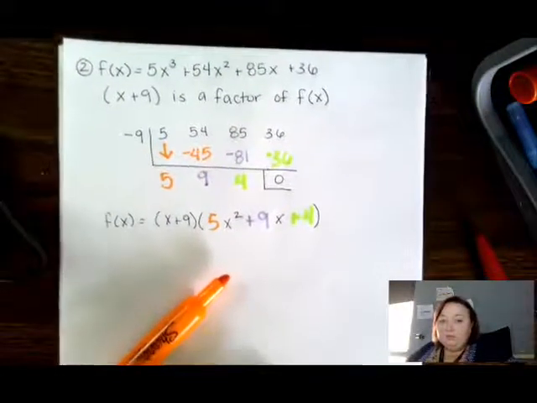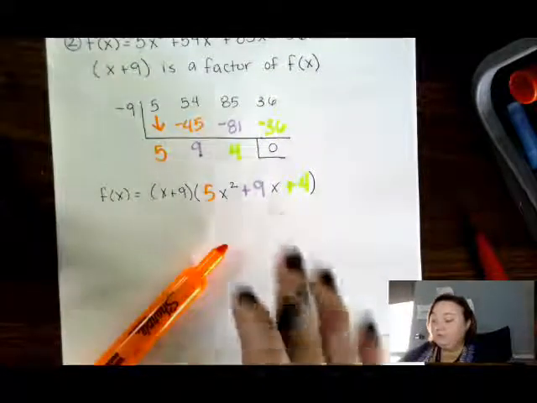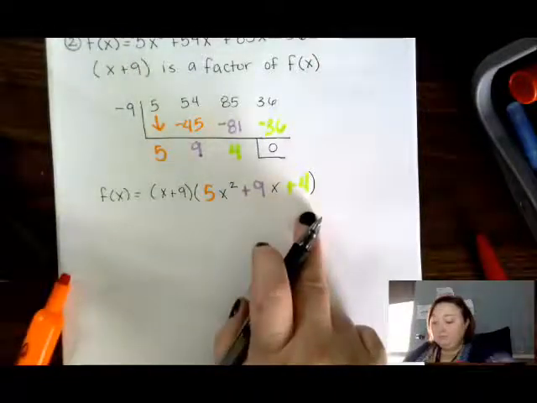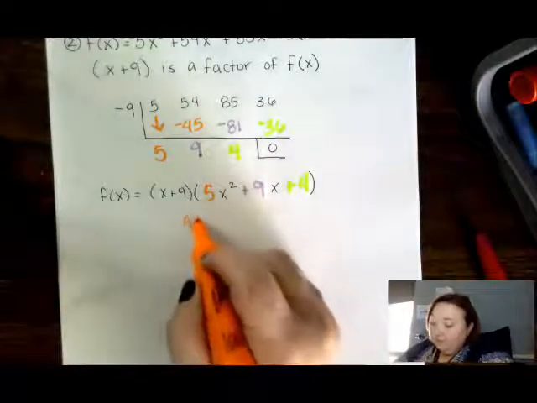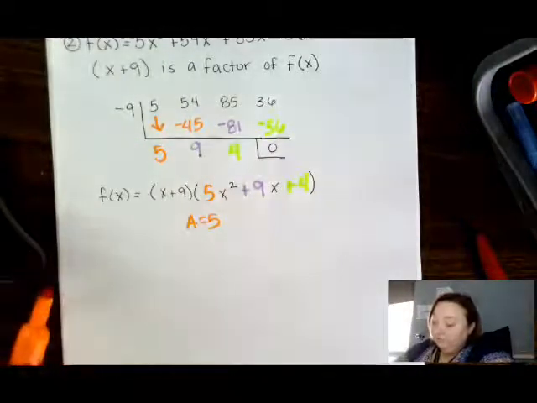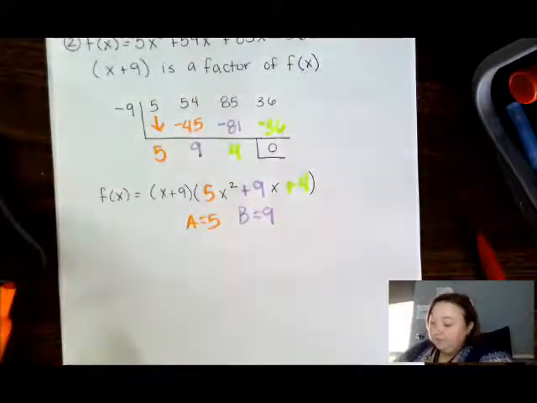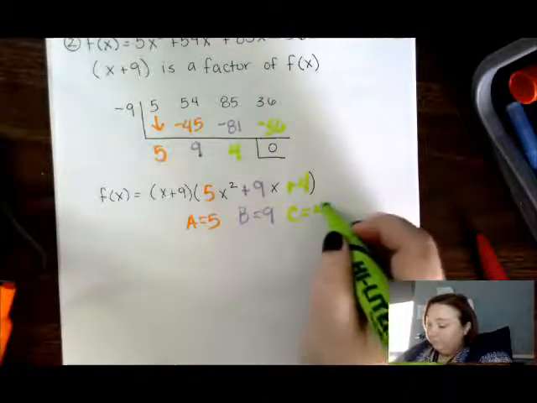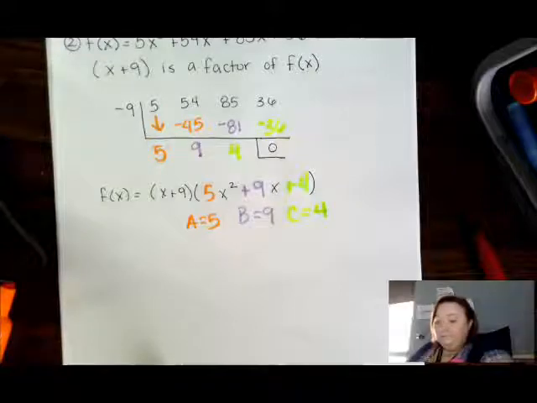And then our next step is we're going to use the quadratic formula with this. So we know our a value is 5, our b value is 9, and our c value is 4. Okay?